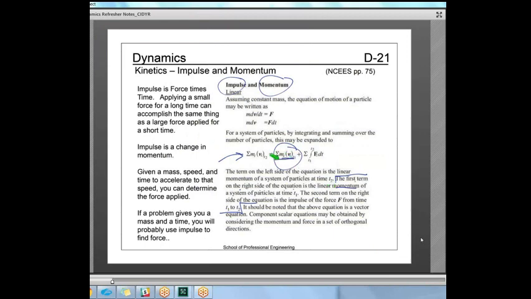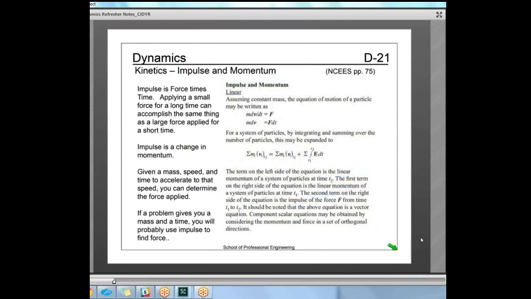So the mv of all the particles is the momentum. That's actually the only place in the handbook where they give a definition of momentum. And then it says the second term on the right is the impulse. That's actually the only place in the handbook they define impulse.